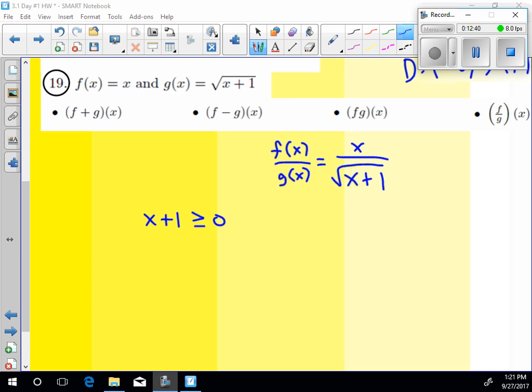However, since it's in the denominator, I get rid of part of that. It can't equal 0. So the domain is x is greater than negative 1. There will be straight up snipes on the test. Someone will mess that up.